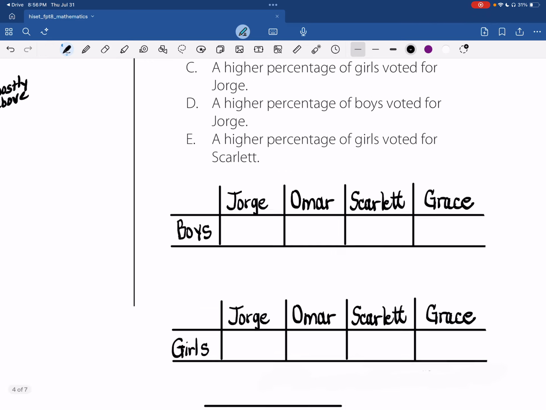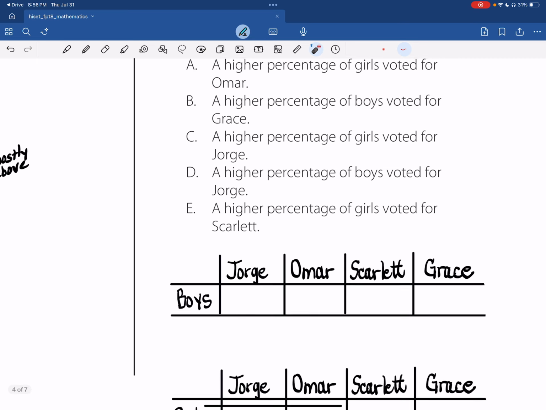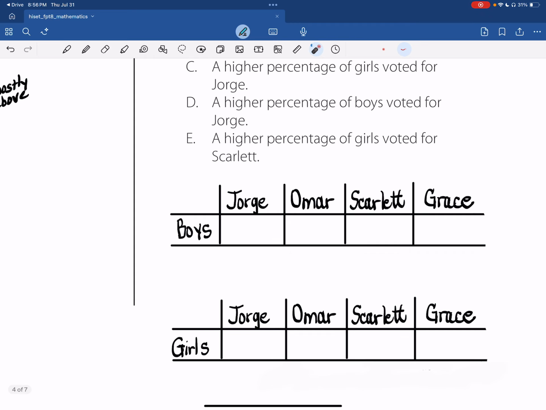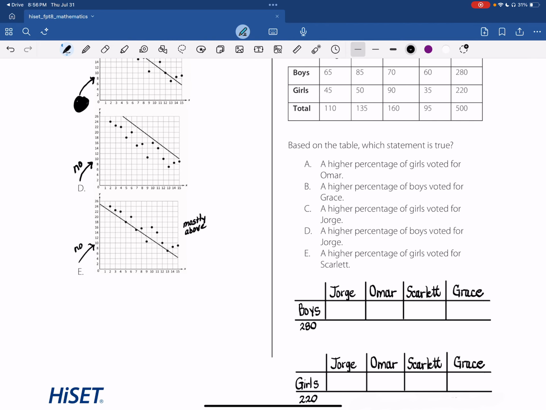All right, the table tells me that there are 280 boys total. And there are 220 girls total. So the boys, let me just make a note here, there were 280 total. And the girls, there were 220 total. So I can tell here that more boys voted than did girls. Now, the table also tells me that 65 boys voted for Jorge.